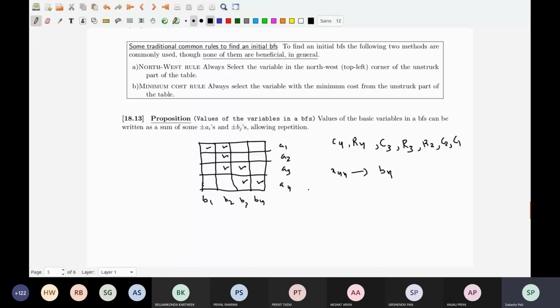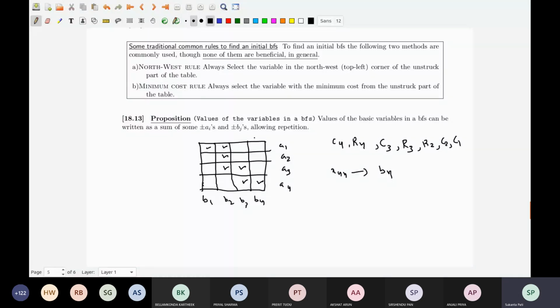Induction statement is true. The first variable that I am going to strike off can be written as a sum of plus minus ai's and plus minus bj's. If a column was struck off, then it was some bj. If a row was struck off first, then it was some ai. So it satisfies.